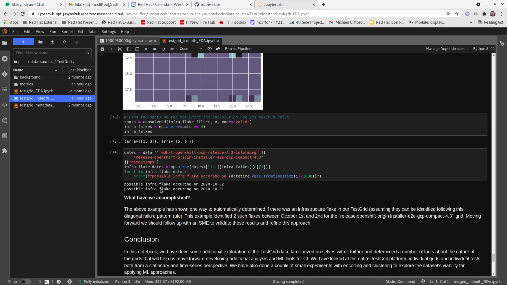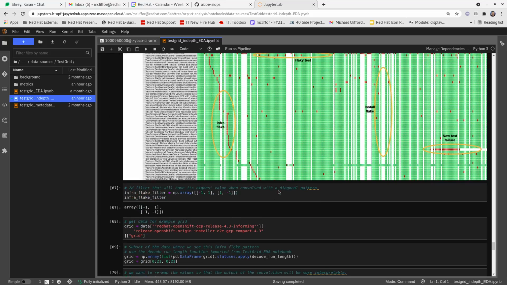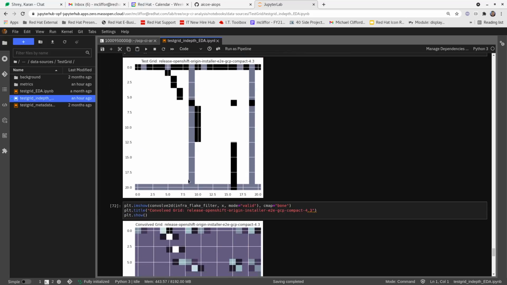And we can go through and identify that on specific dates we have some likelihood of these infrastructure flakes occurring, and in fact they did.